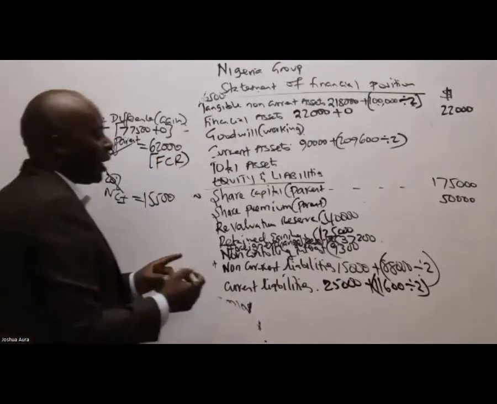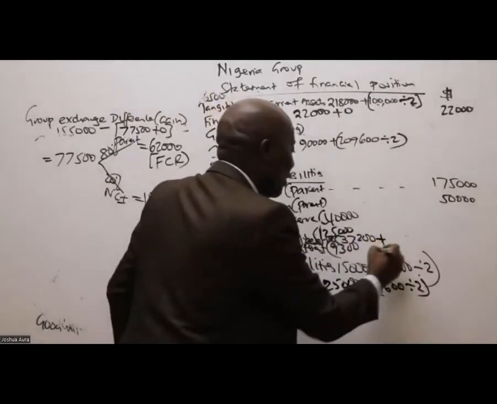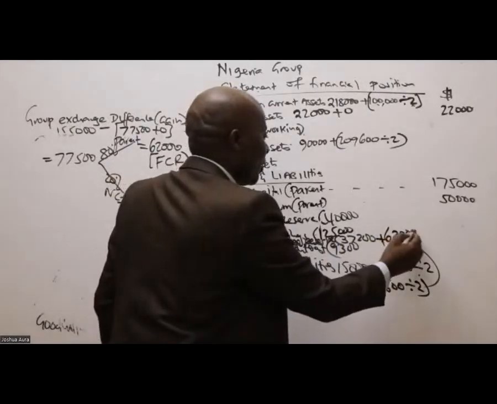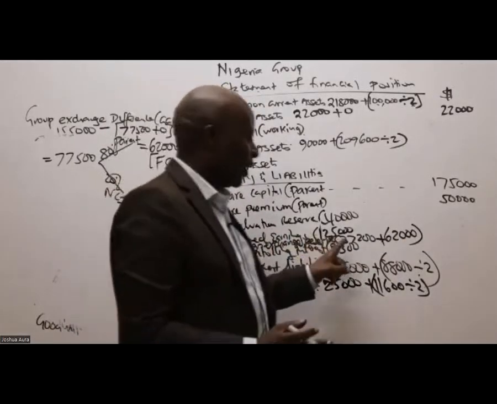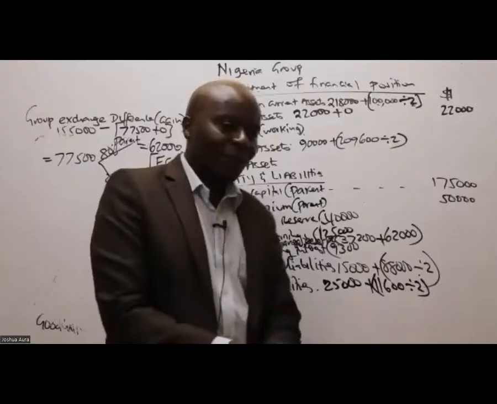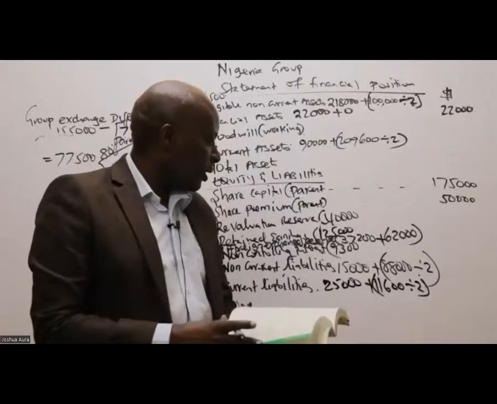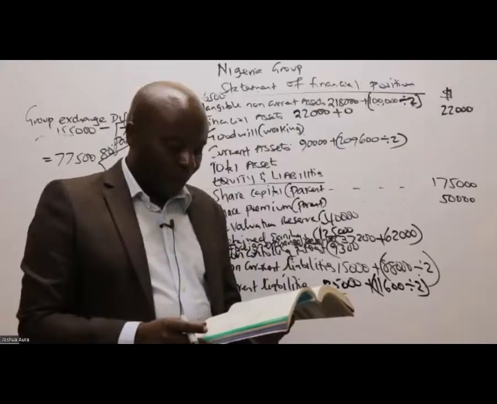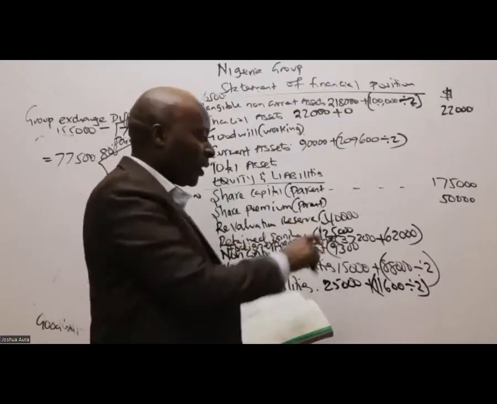So in your foreign currency reserve, could you kindly add plus 62,000. What is 37,200 plus 62,000? Under the foreign currency reserve, how much do we have there?